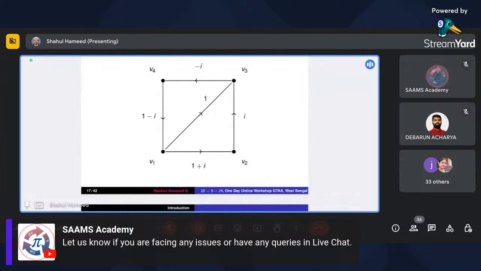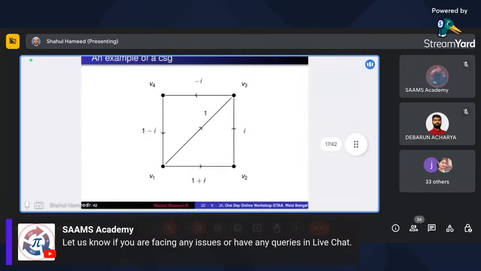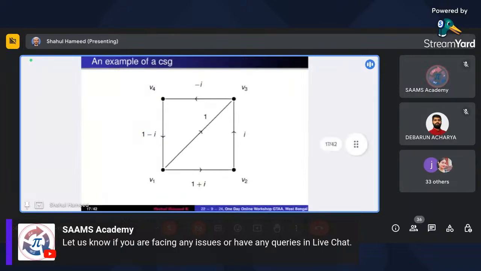See, there is another idea which I want to mention here. There are several papers published by eminent mathematicians, especially in India, about complex unit gain graphs. One is the famous paper by Reff, a student of Professor Thomas Zaslavsky. You can read it: Spectral properties of complex unit gain graphs.